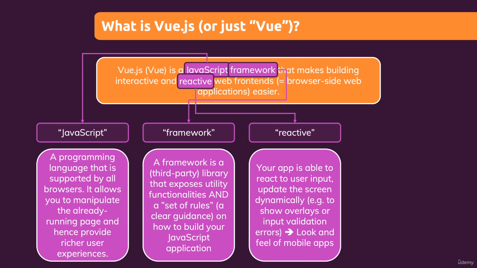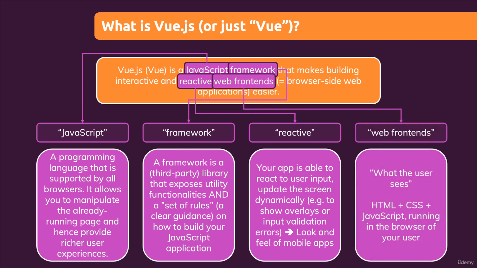And the web frontends part is also important. This basically means that Vue.js is involved with what the user sees. It's not a server-side framework. We don't use it with PHP or with Node. Well, we can use it with all of that, but simply in a combination, but it doesn't help us write better PHP or Node.js code because Vue.js is for the browser-side JavaScript.